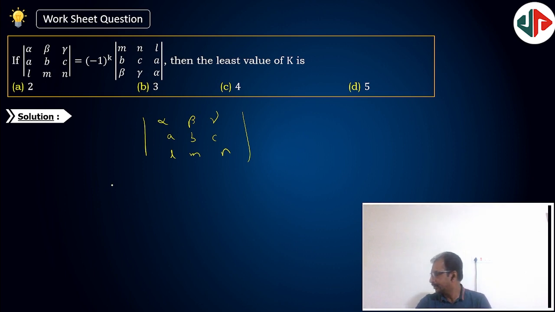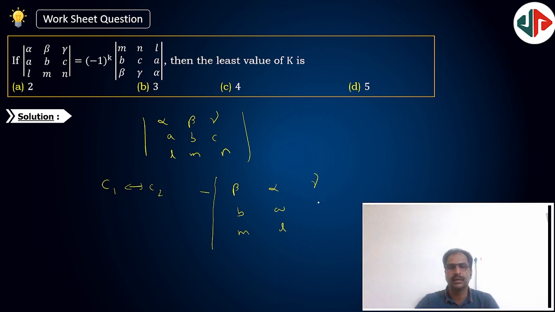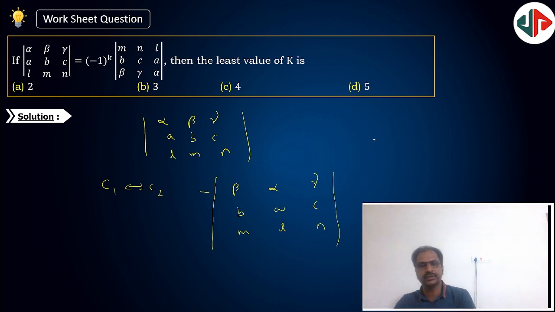So first, I am interchanging C1 and C2. Then I get negative sign. Change first column and second column. So beta B M, alpha A L, gamma C N. By interchanging first column and second column, one negative sign will come.